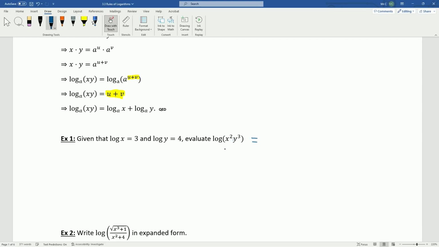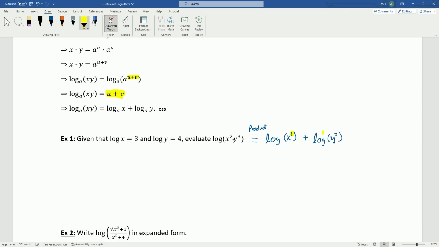Well, I have log of x squared times y cubed. So this is a product of two things inside the logarithm. So I'm going to write this as log of x squared plus log of y cubed. The rule I just used was the product rule, and I'm just going to denote what rule I used.